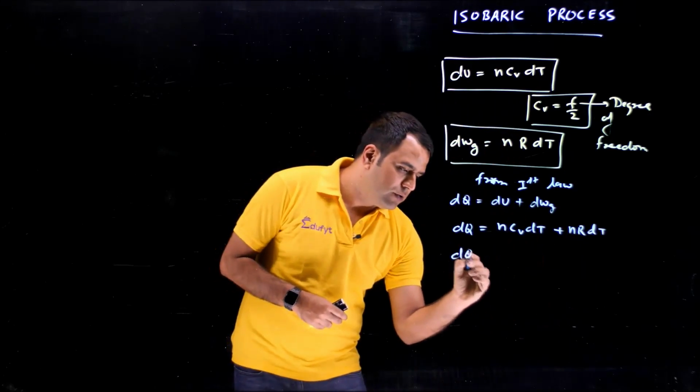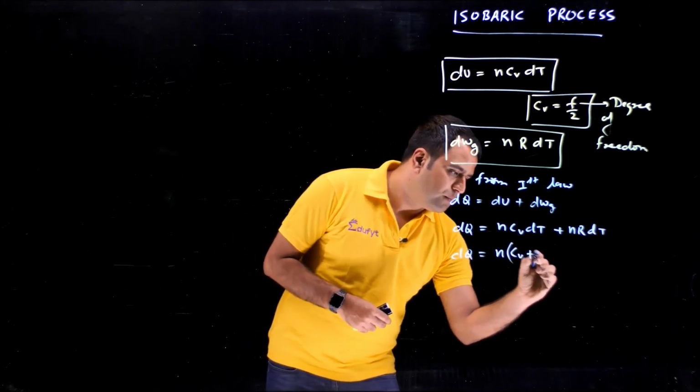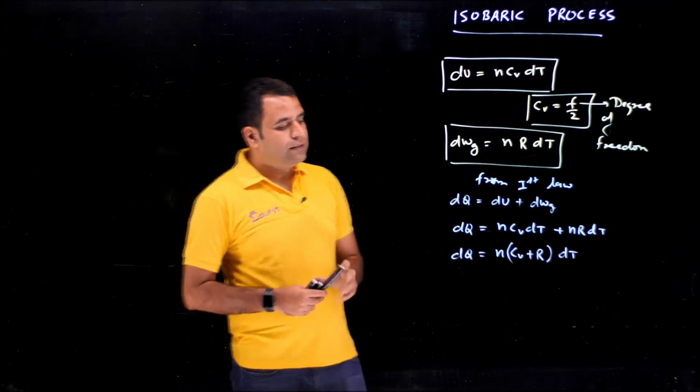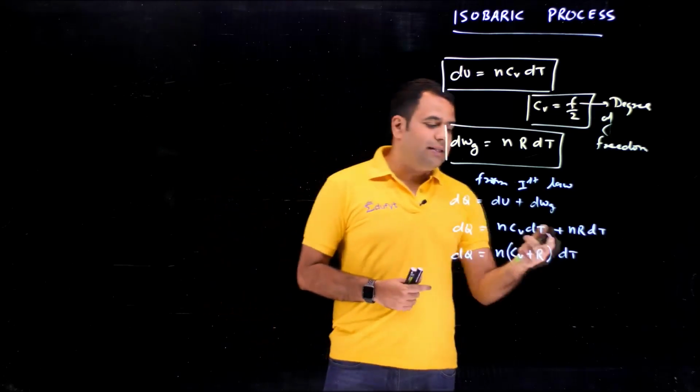That will give you dQ is equal to n(Cv plus R) dT. So this becomes the formula between the heat given to the system and the temperature change.